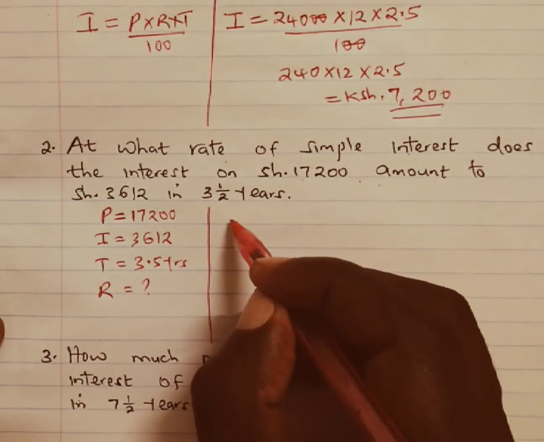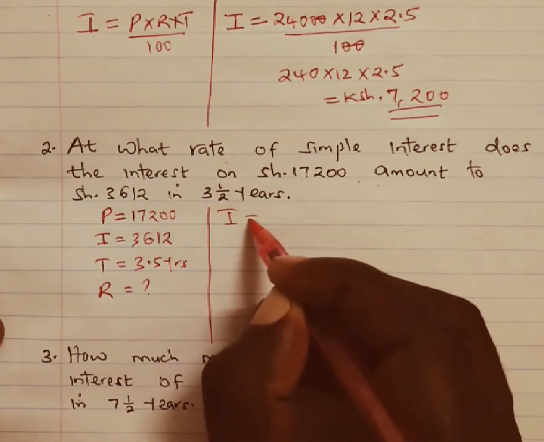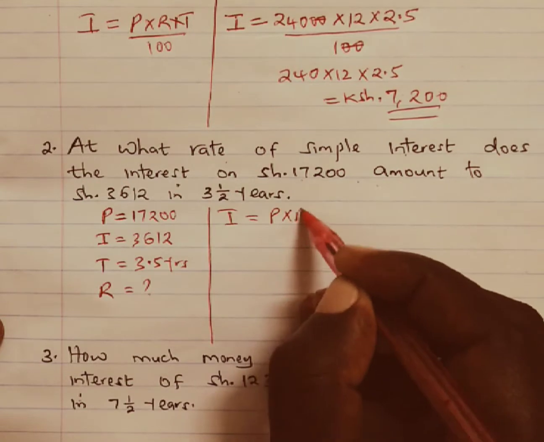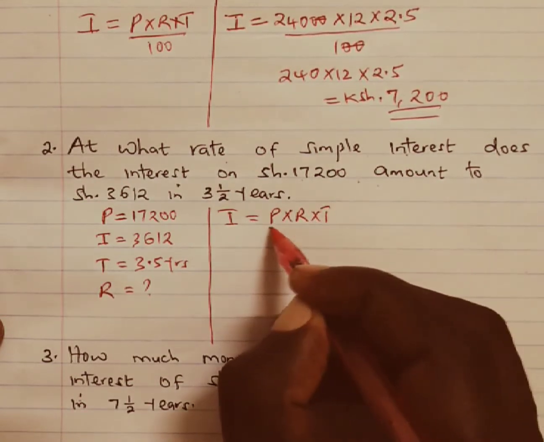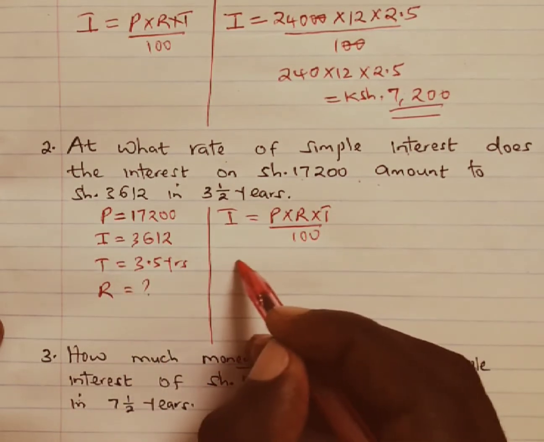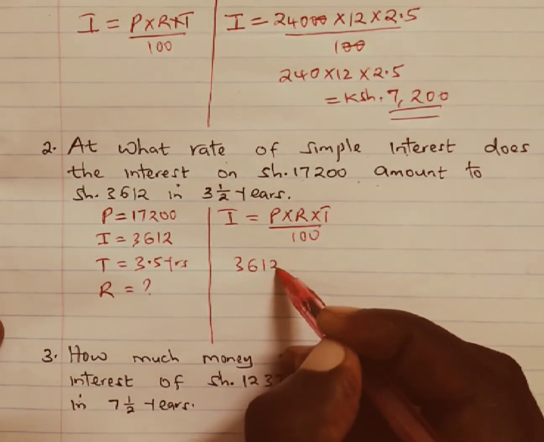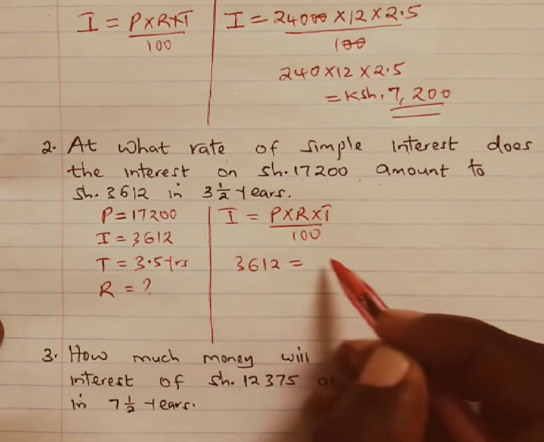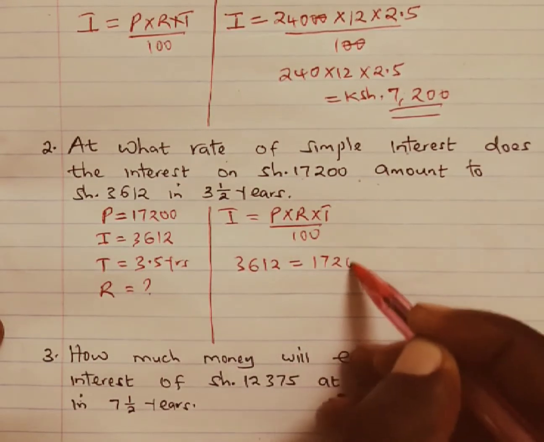Now we know that interest is given by principal times the rate times time divided by 100. We have our interest as 3612, and this will be equal to the principal, which is 17,200.